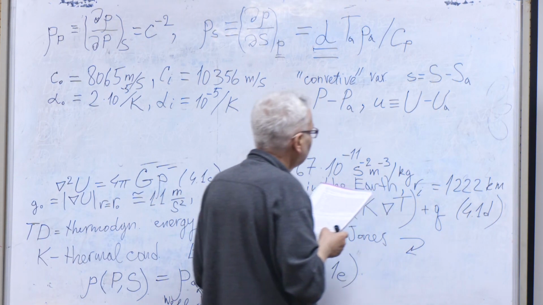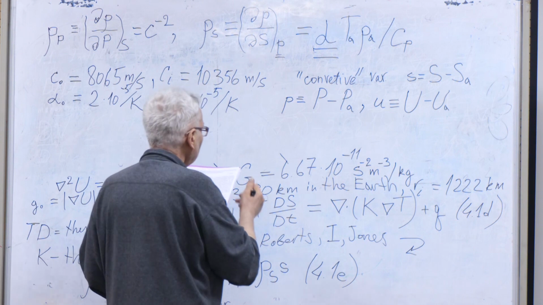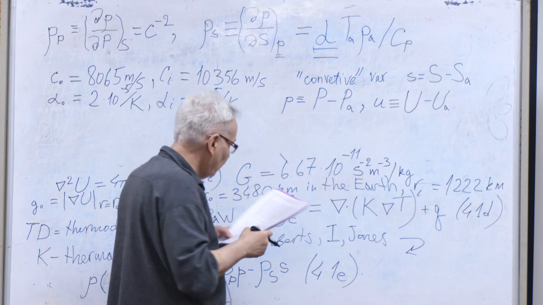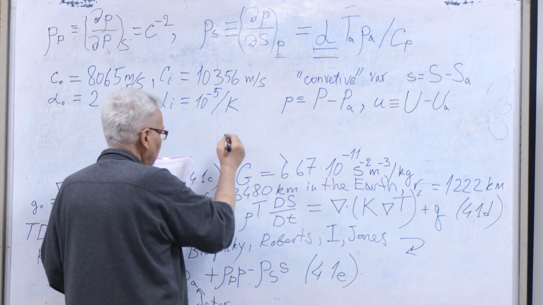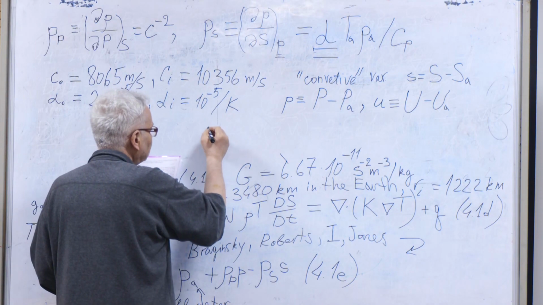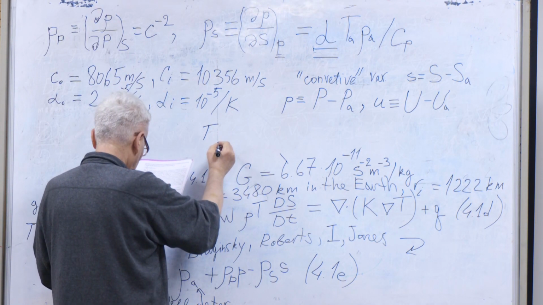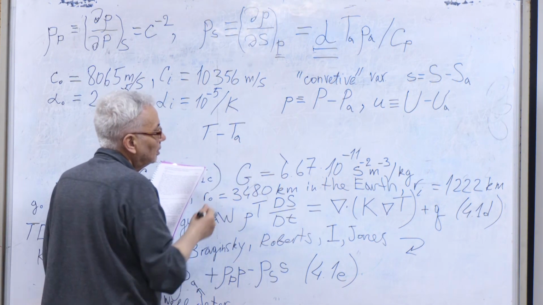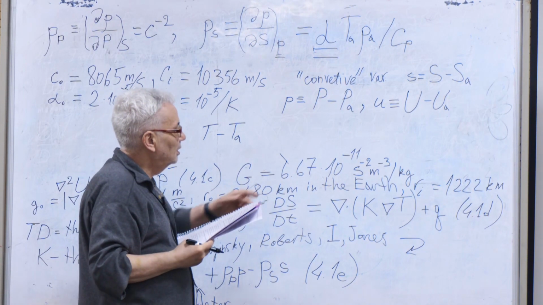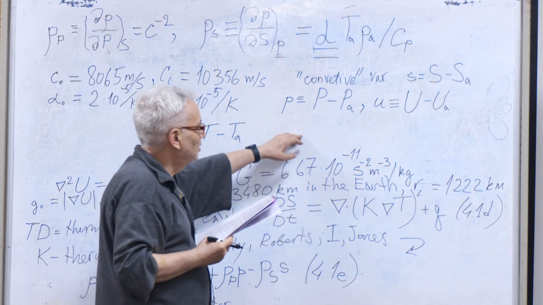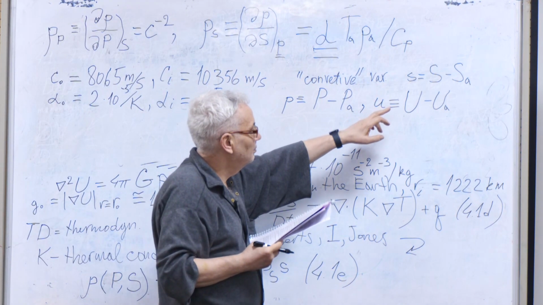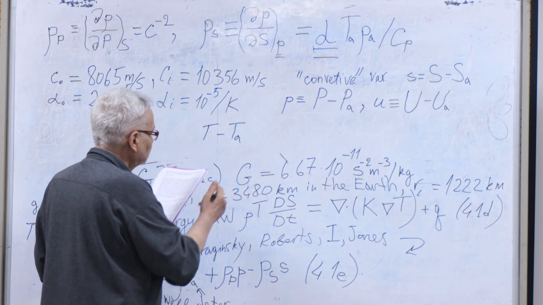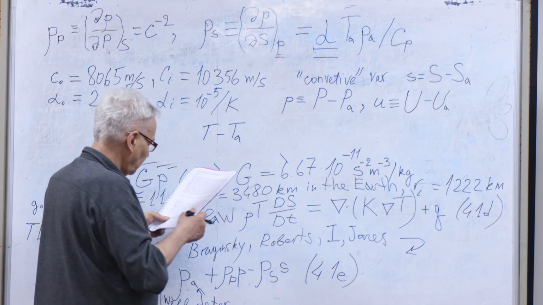Of course, there is another variable, the temperature. When we consider the temperature, we consider the temperature minus the adiabatic temperature. Because we already agreed not to use the temperature as an adiabatic variable but to use the entropy, this difference we should express in terms of the entropy and pressure.